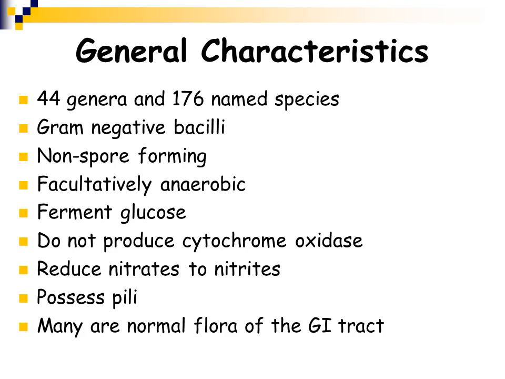So in general, the Enterobacteriaceae family has 44 genera and 176 species. So again, lots of organisms in this family. They are all gram-negative bacilli or gram-negative rods, and they are all non-spore formers. They are all facultative organisms. So these are very hardy organisms.